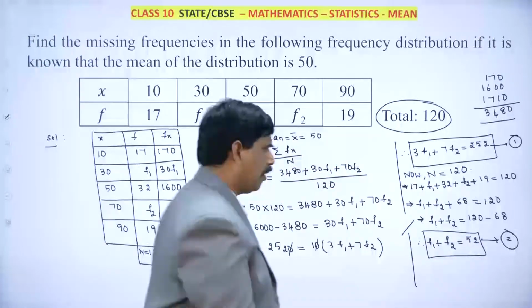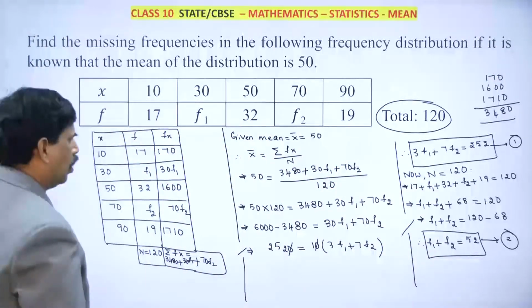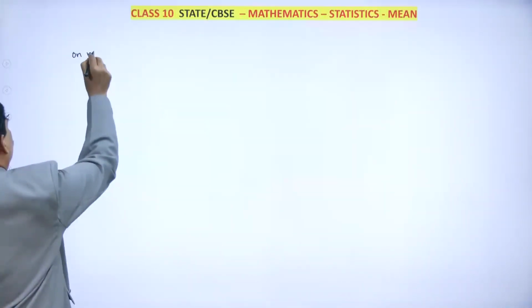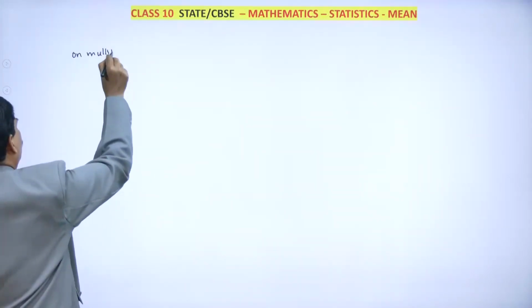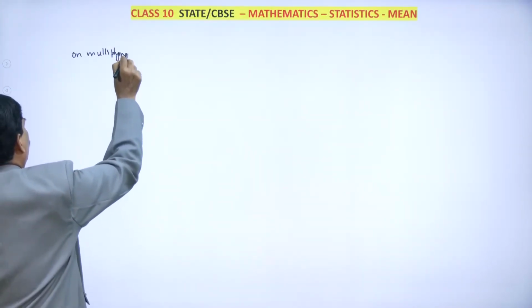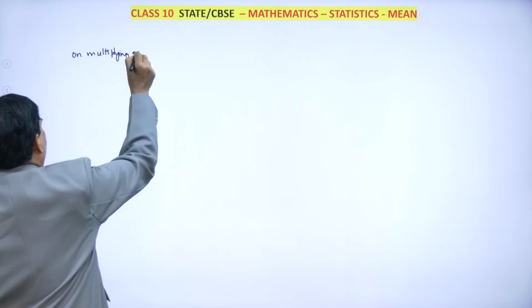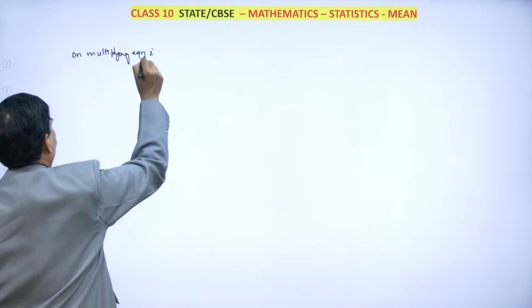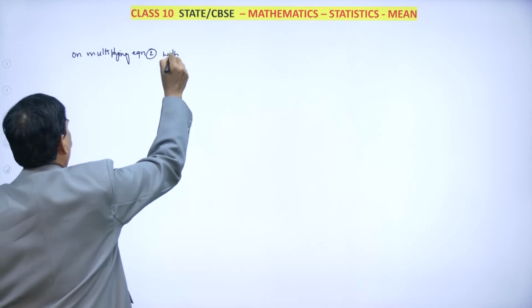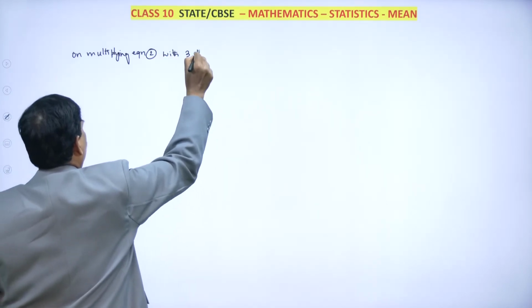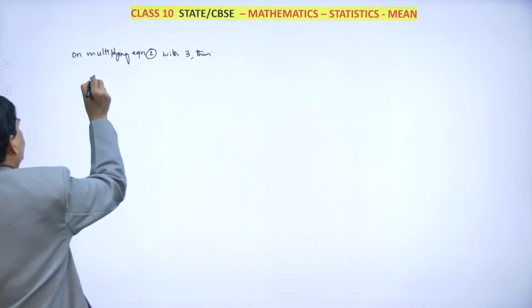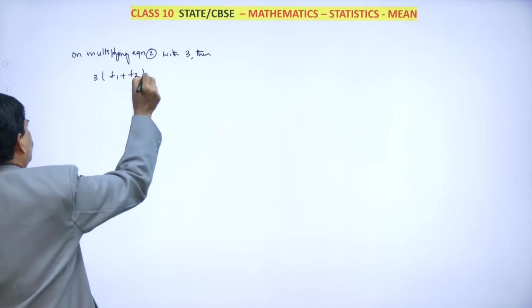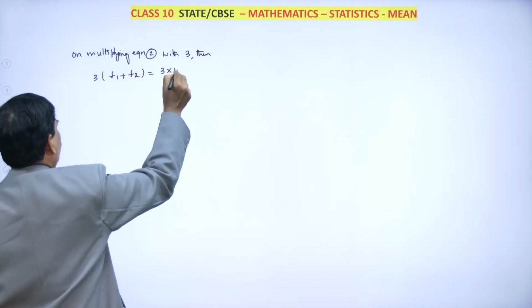So on multiplying equation 2 with 3, what it will be now? It is 3 of f1 plus f2, which is your equation. Just 3 into 52.